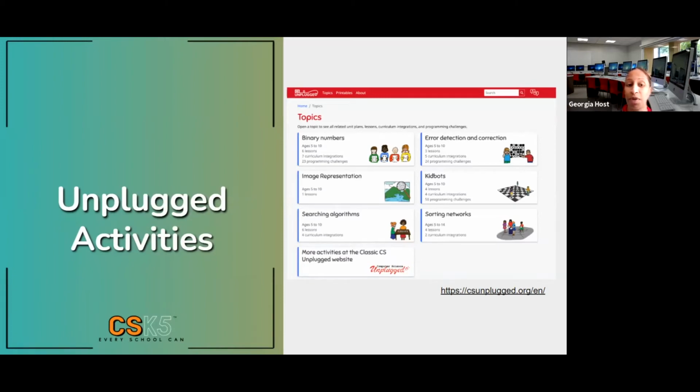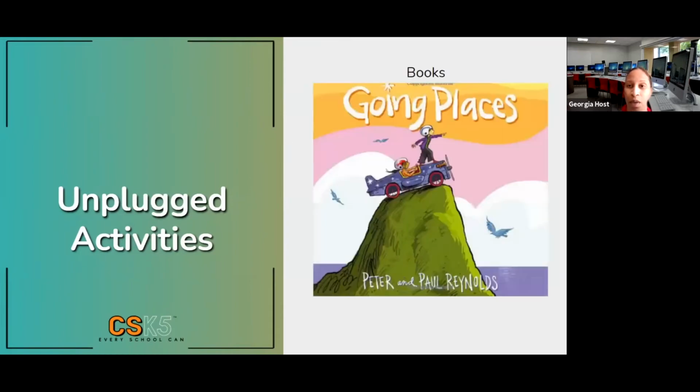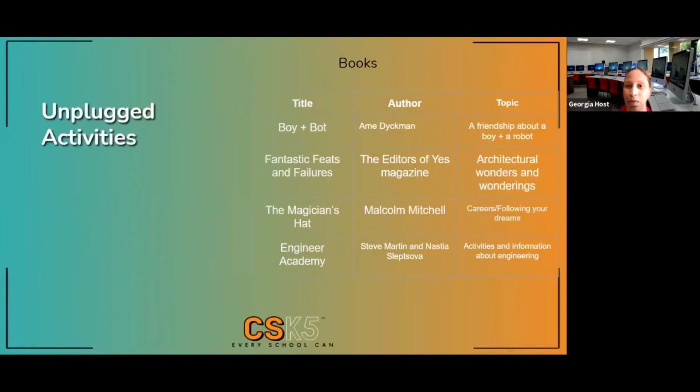So they may be asked to make something, or they may be asked to represent something in a story time or circle time. So some of the books, we'll share some books if you need some more additional resources, but Going Places is a book that deals with computer science. I think we have some other books here listed.